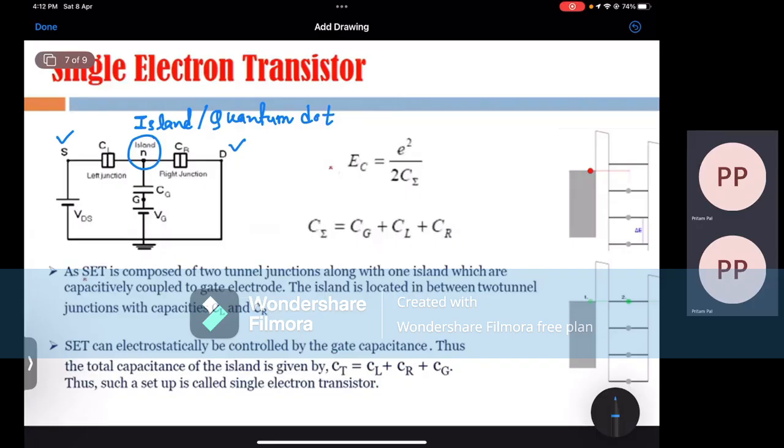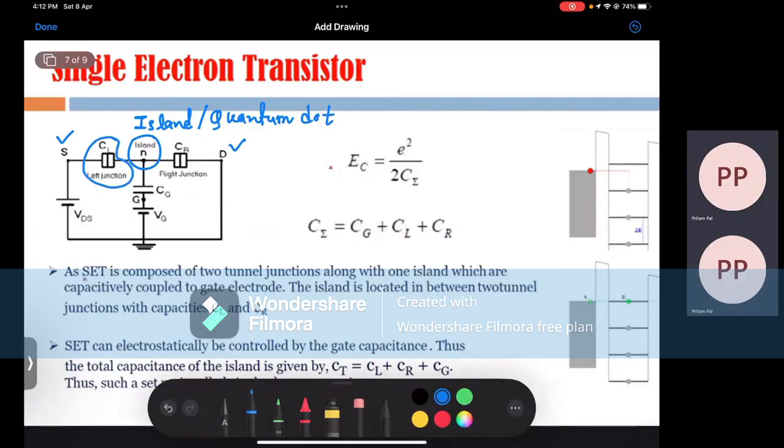But practically it is implemented with the help of an insulating layer. So because of the transition of the insulating layer, you can just consider this the insulating region. With the help of the insulating layer, right?